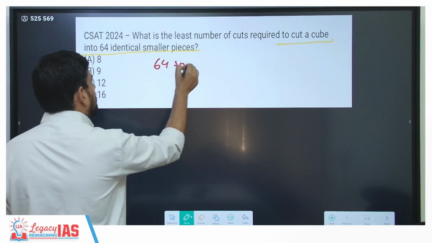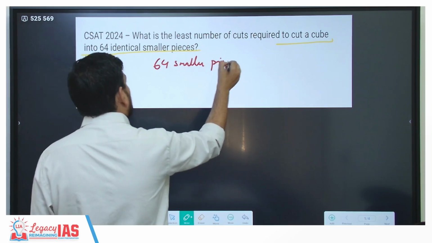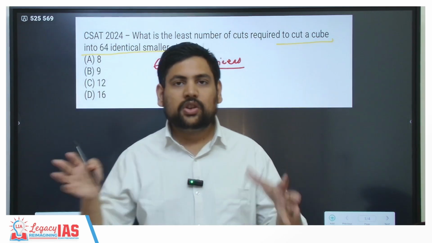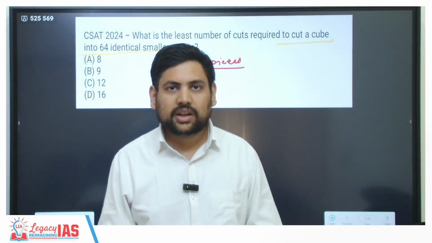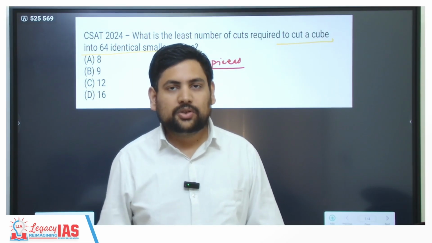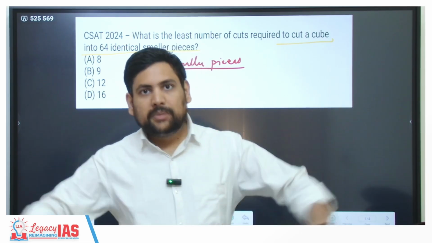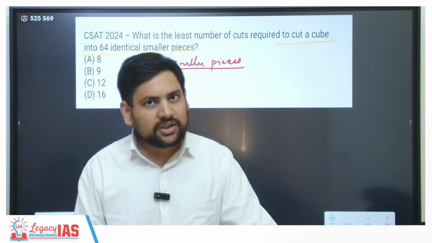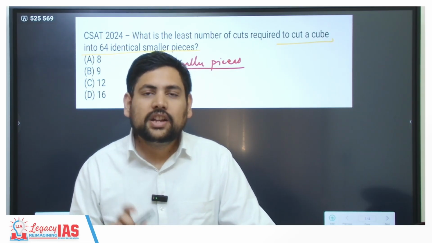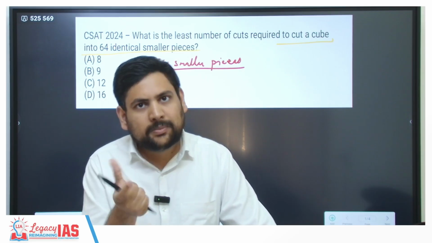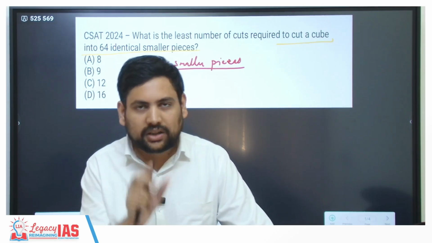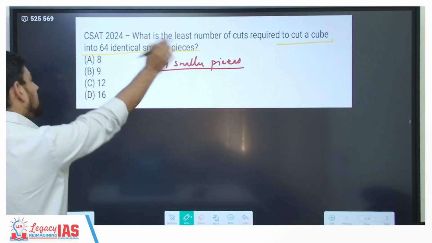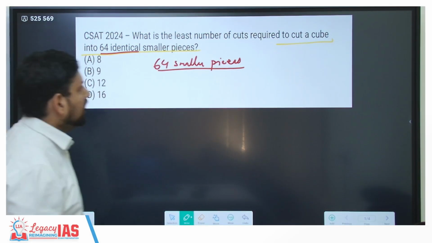Usually you understand it like the cube volume is 64 cubic centimeter. But the cube may be of any length. If you want to break it into 64 equal parts, you still can. Instead of being 1 centimeter cube, it may be 1.2, 1.1, does not matter. You just want same size. So it is asking you least number of cuts required to make 64 identical pieces.